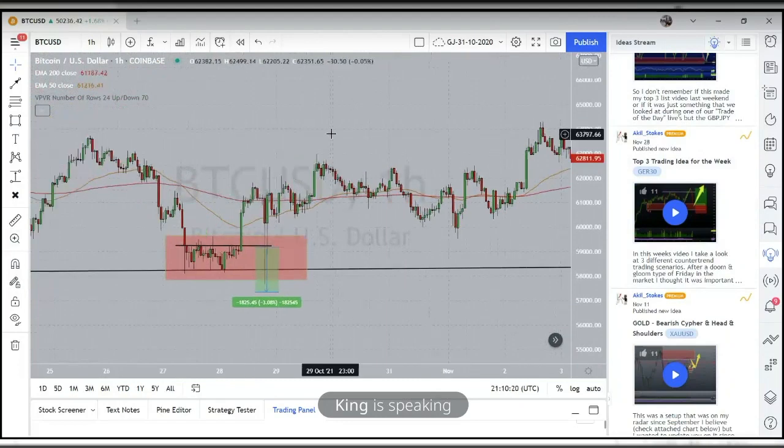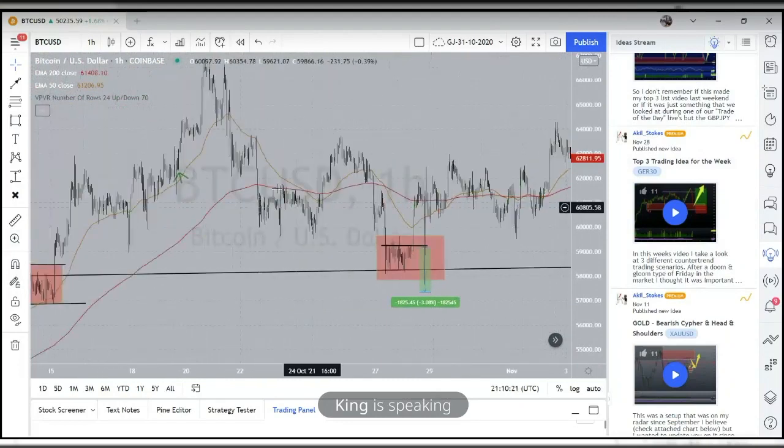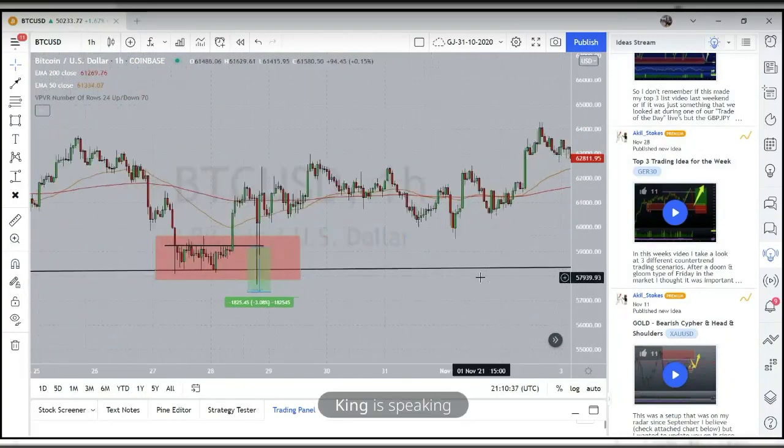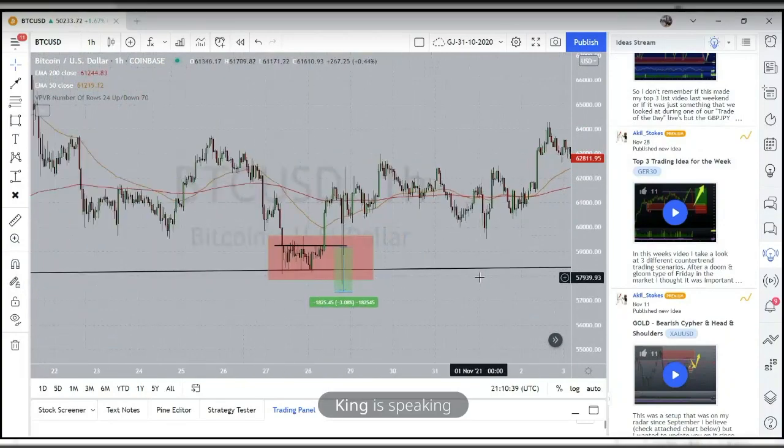Yeah, so you could have either held all the way to here, or you could have added more, or taken profit somewhere down here and got back in on a return. But yeah, that's the engulfing candles.